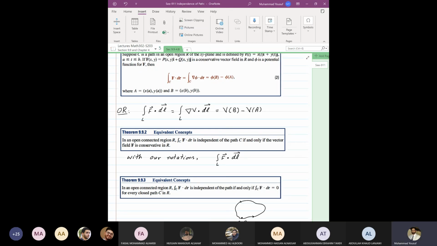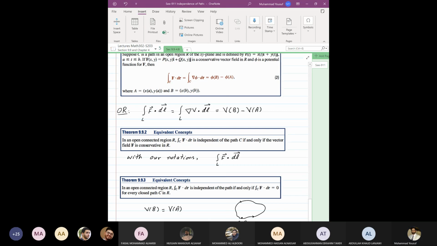If we have a closed path, then VB is equal to VA, so VB minus VA is equal to 0. So we can also say this for a closed path, only for a closed path.